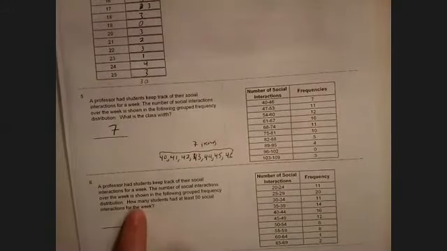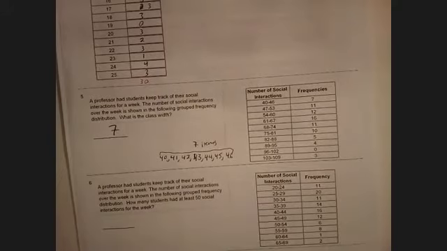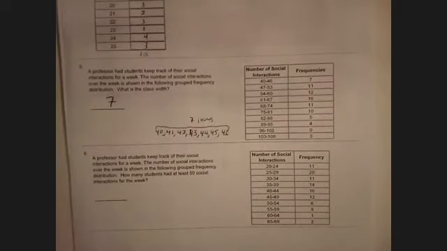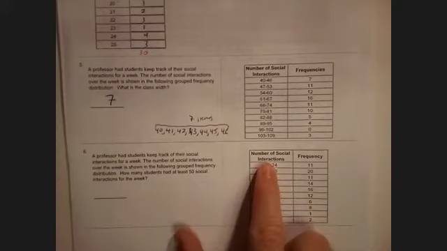Number 6, how many students had at least 50 social interactions? Now, I am kind of going through these fast. You can pause the video. A lot of the material was taught in other videos, so I'm just kind of trying to get through it as fast as possible. So how many students had at least 50 interactions? All right, so we got to look at where we should be looking, 50.